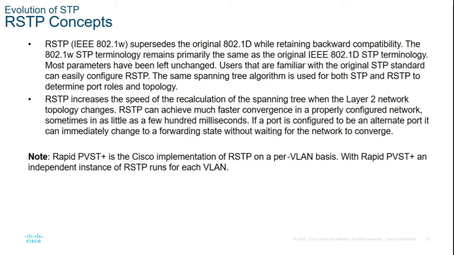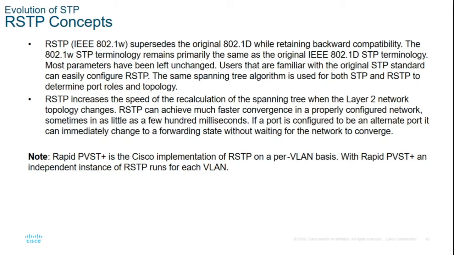STP and RSTP use the same spanning tree algorithm to determine port roles and topology. RSTP is faster in terms of recalculations of spanning tree when there is a change in the layer 2 topology, which means that it can achieve a much faster convergence for a properly configured network, for as little as a few hundred milliseconds.